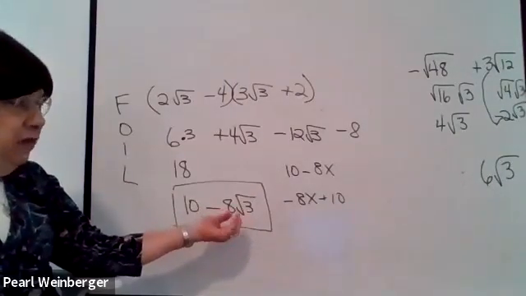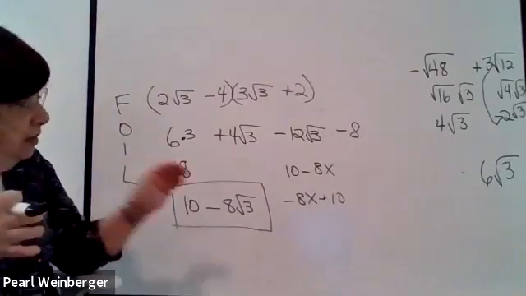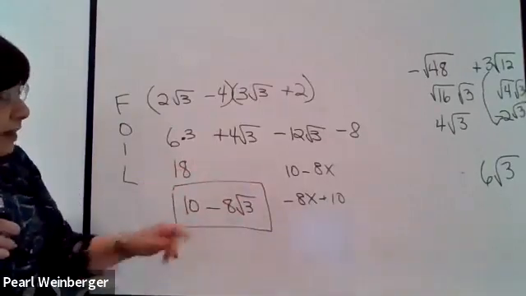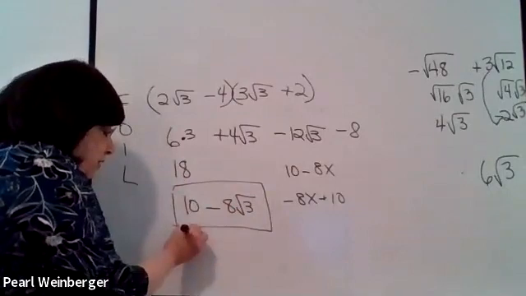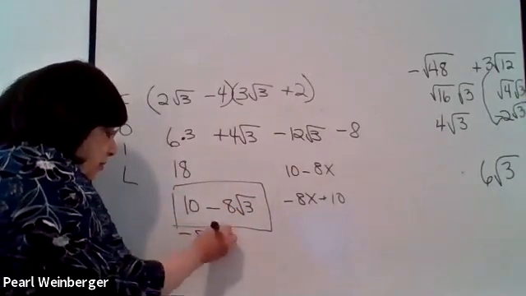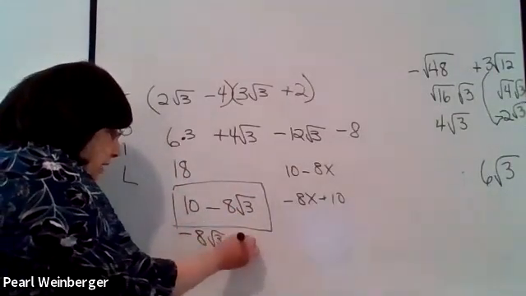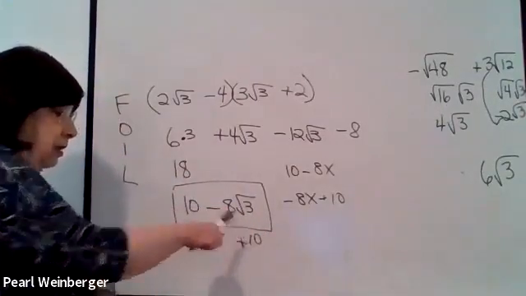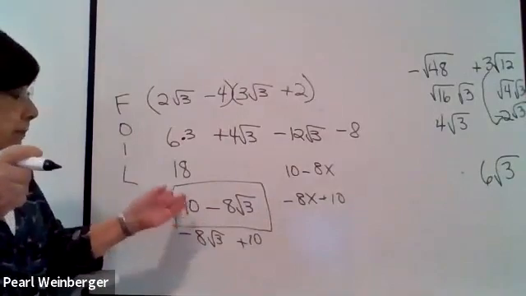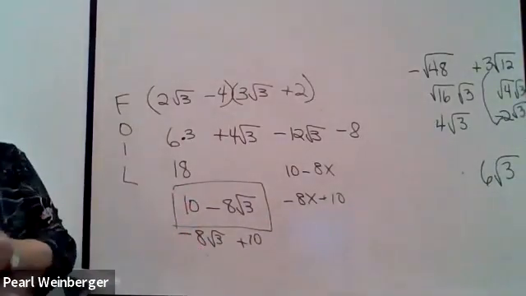That radical, think of that radical 3 as if it's an x. And then it works just like an x. It's like having 10. So therefore you could easily have said -8 radical 3 plus 10. You just have to be careful to keep the signs with the number. You couldn't change it to a positive 8 radical 3 and a negative 10.